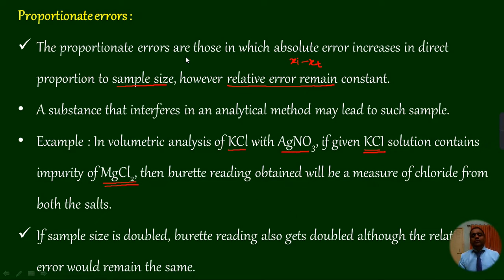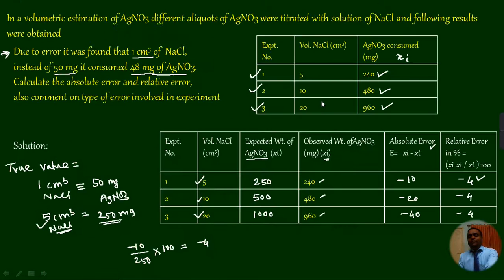So the proportionate errors are those in which the absolute error increases in direct proportion to the sample size. However, the relative error remains constant. We have the same condition here: the absolute error is increasing with the increase in the sample size, while the relative error is remaining constant.